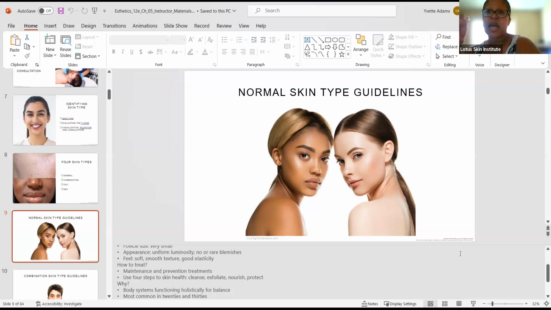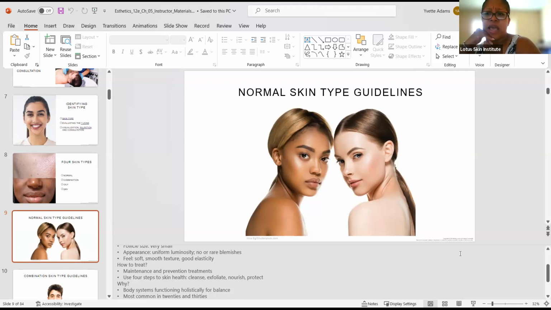So you can do specialized modalities. You can use clinical grade or professional grade products like a chemical peel. You can do certain products that they can't do themselves, right?